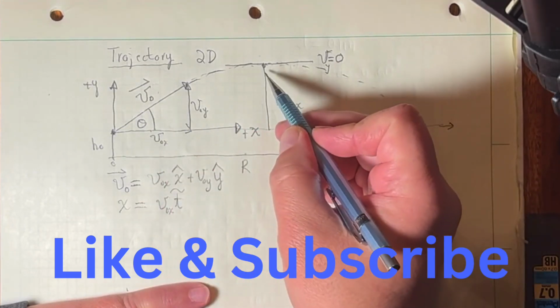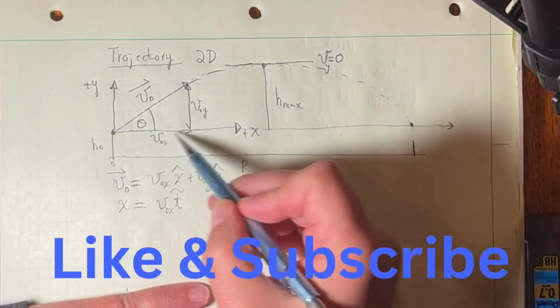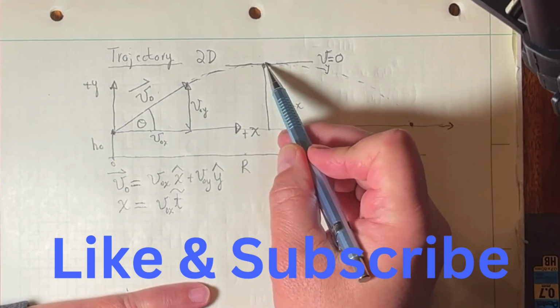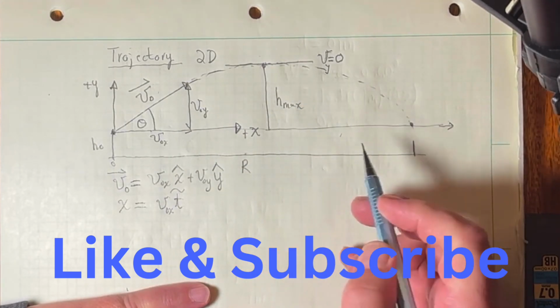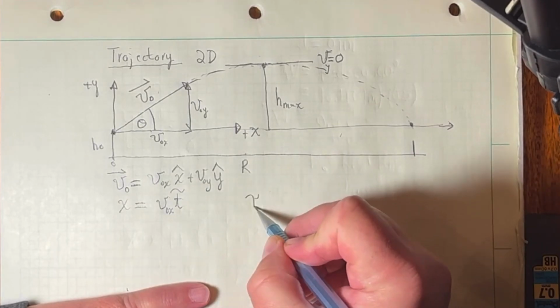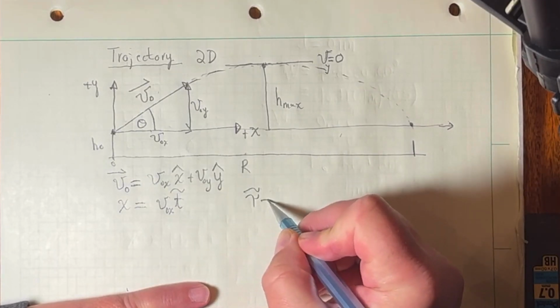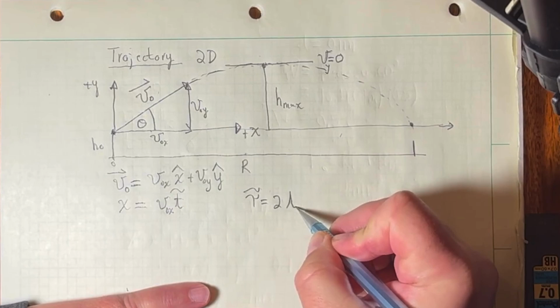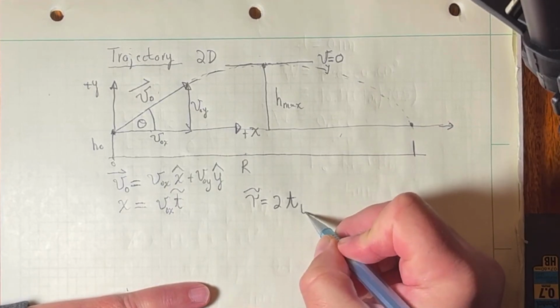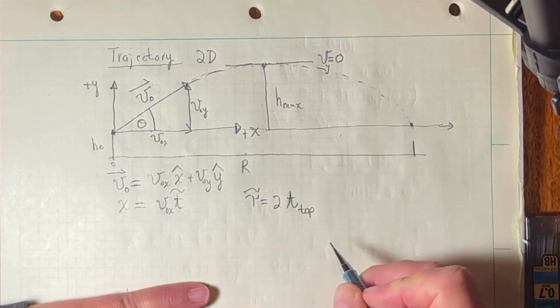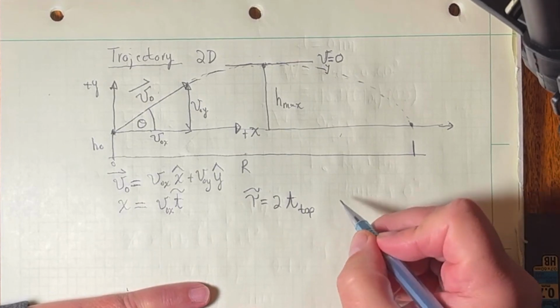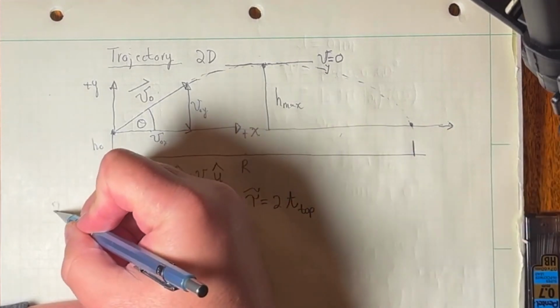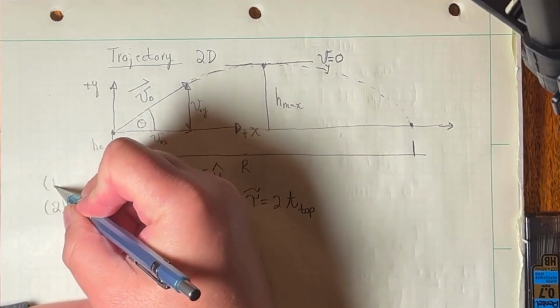T-twiddle is twice the time that it takes to go to the max height. It takes a time to get to its max height, and then it falls from its max height back down to the horizontal. So T-twiddle is equal to 2 t at the top. That's just straightforward. That's equation 2. This is equation 1.